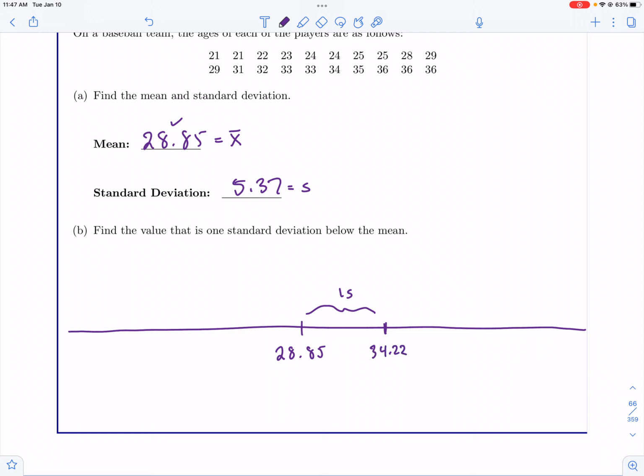And so that's going to be 1 standard deviation above the mean. Now I want to go 2 standard deviations above the mean. So going from here to here is going to be 2 standard deviations above the mean. And so what I want to do is just add 5.37 to that 34.22.